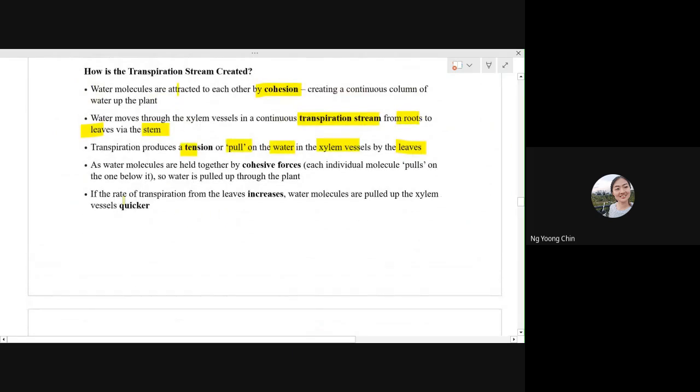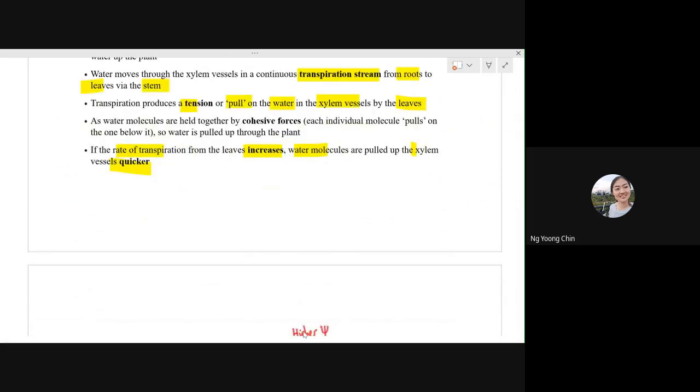Okay, so if the rate of transpiration increases, the water molecules are pulled up the xylem quicker. This means that some factors will trigger the transpiration rate of the plants to increase. For example, if you want to increase the transpiration rate, what do we do?